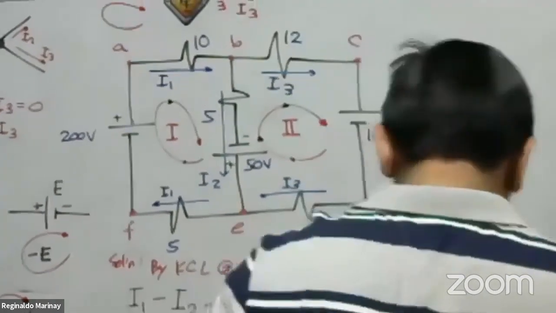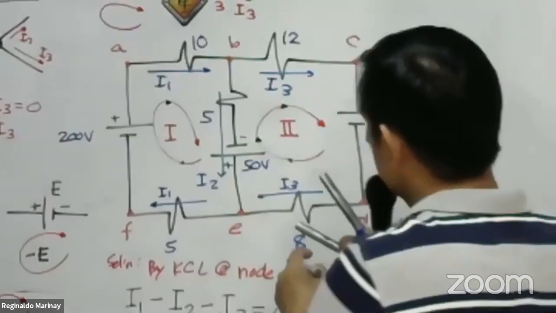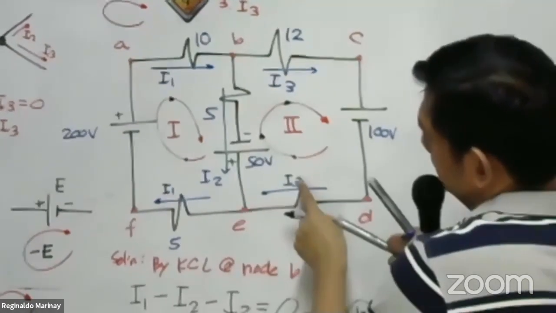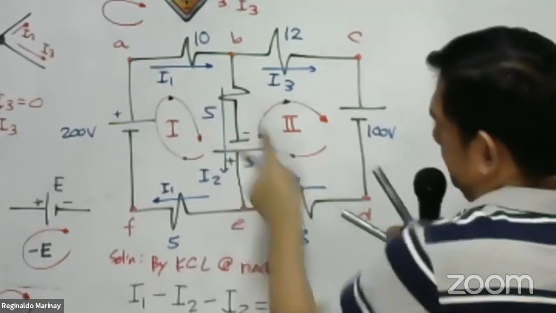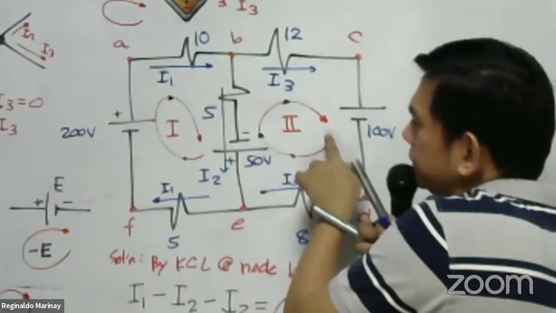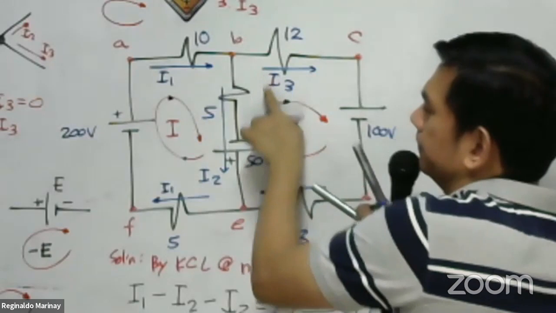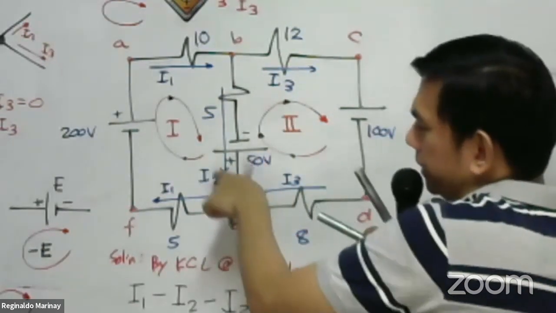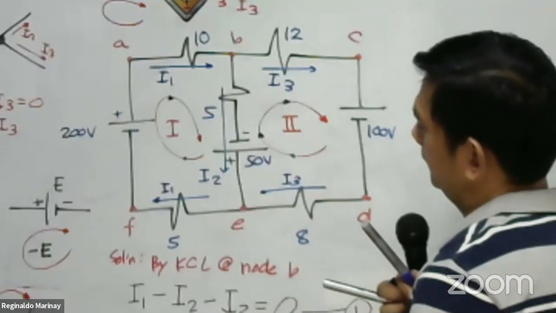Now, here in the 5 ohm resistor, the circuit tracing is going upward. And the current flowing in the 5 ohm resistor is I sub 2.